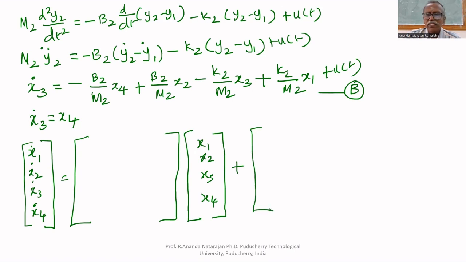U is in the third equation only. U is in the x3 dot only. Therefore, we can put 0, 0, 1, 0 times u of t.